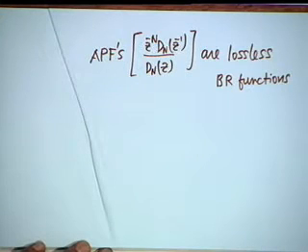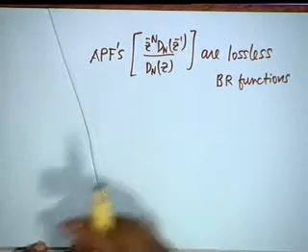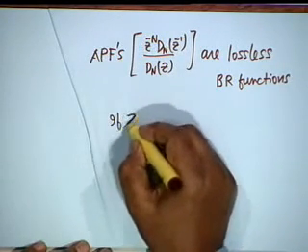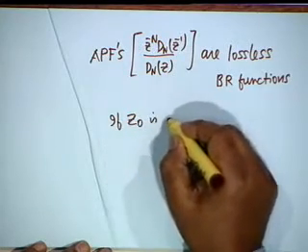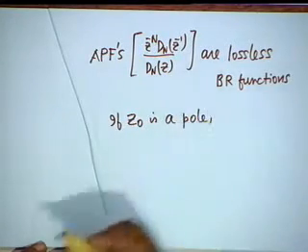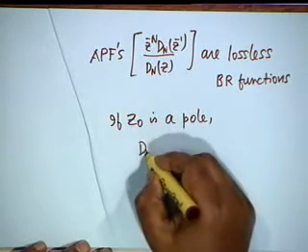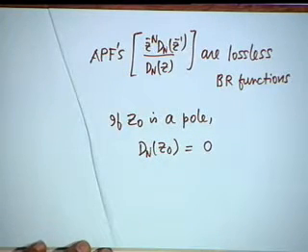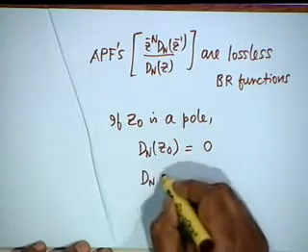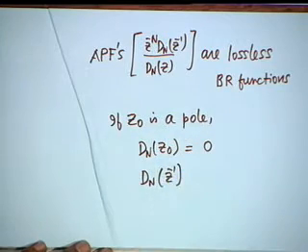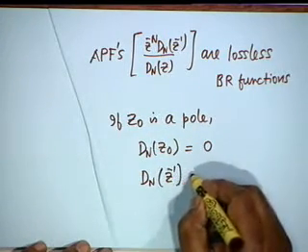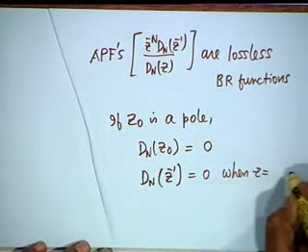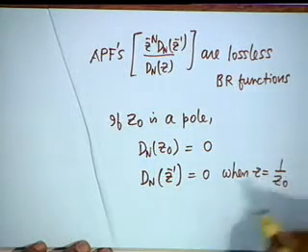Okay. The other property of APFs, all pass filters: if z0 is a pole, then D_N(z0) should be equal to 0, right. Therefore, D_N(z^-1) would be equal to 0 when z is equal to 1 by z0.